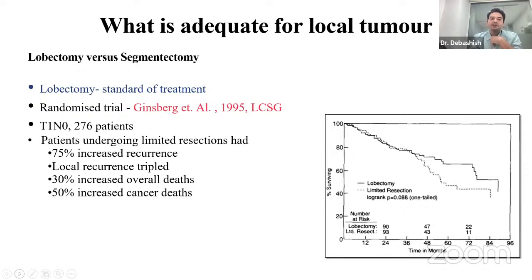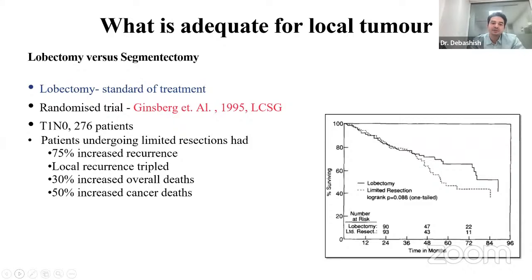So what should be adequate surgery for local tumor control? If I am given a choice, my choice will be a lobectomy first. Obviously, surgery will be first. If the patient is not a suitable candidate for surgery, then we will go for non-surgical options, out of which SBRT scores better as compared to RFA. If we talk only about surgery, then lobectomy is shown to have the best local control and the least local failures.